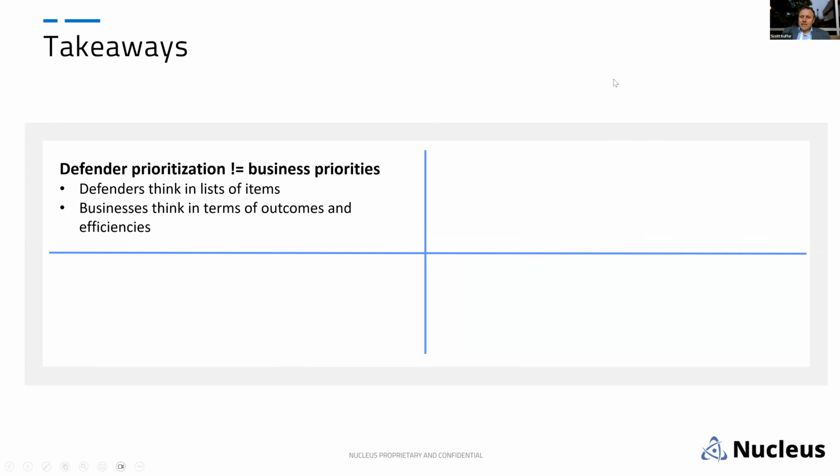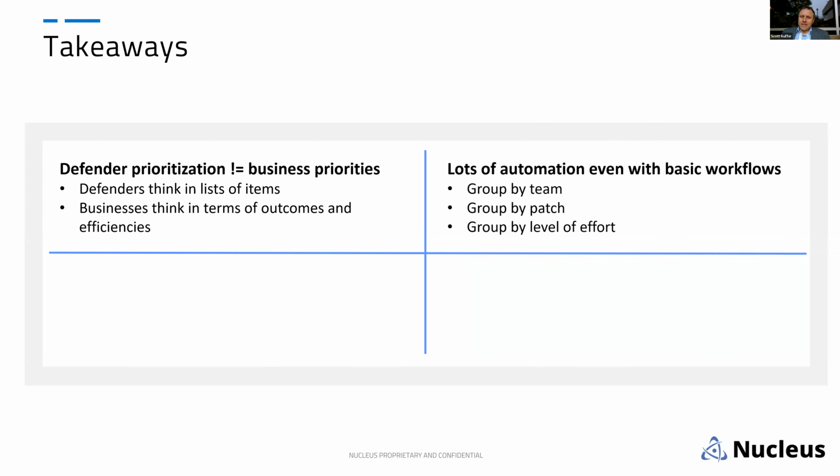The second main thing I hope you come away with is that there's tons of automation that can occur even with some basic workflows. I forgot to change the bullets here, whoops.